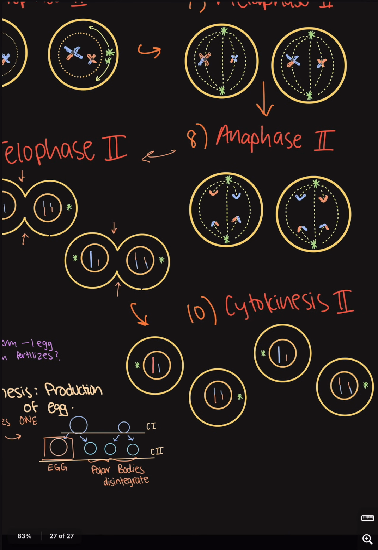So you start off with 1 parent cell with, for example, 46 chromosomes, but then you end up with 4, and this is happening in male, so you started off with 1 male gamete parent cell, and you ended up with 4 sperm cells, each with, for humans, 23 chromosomes.